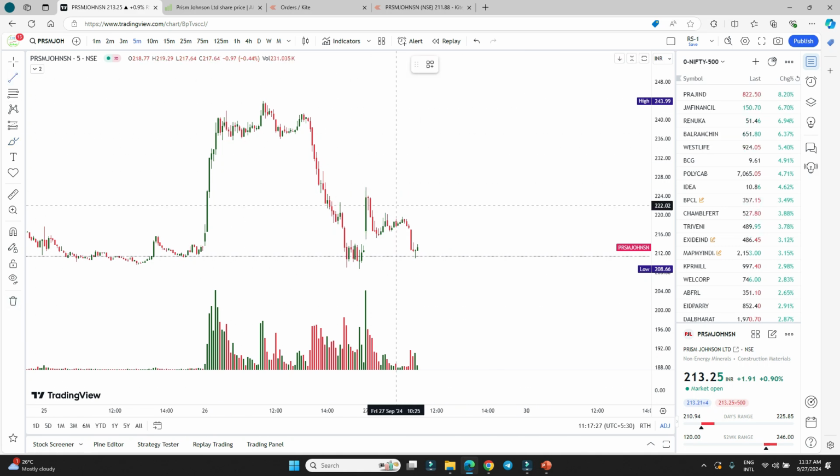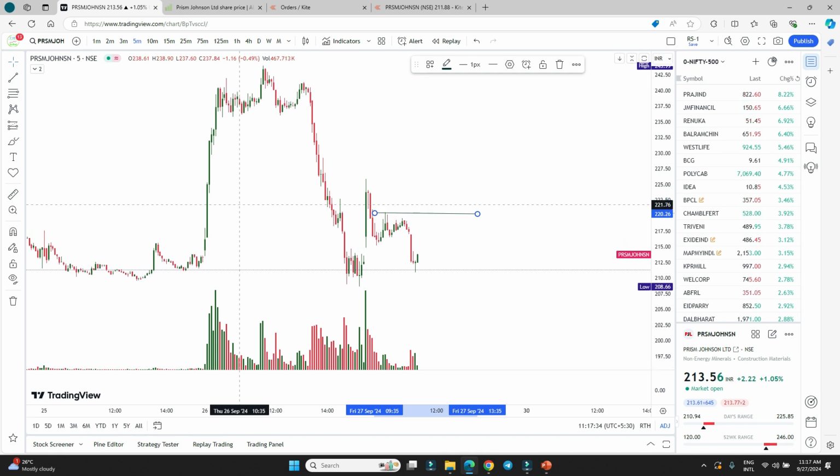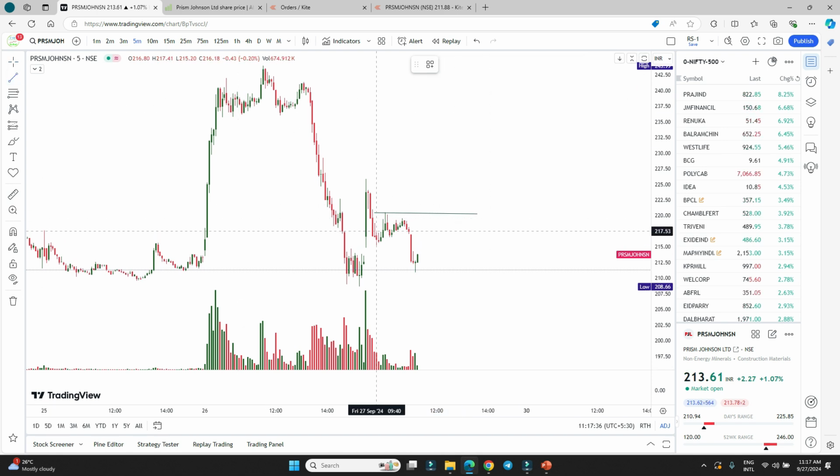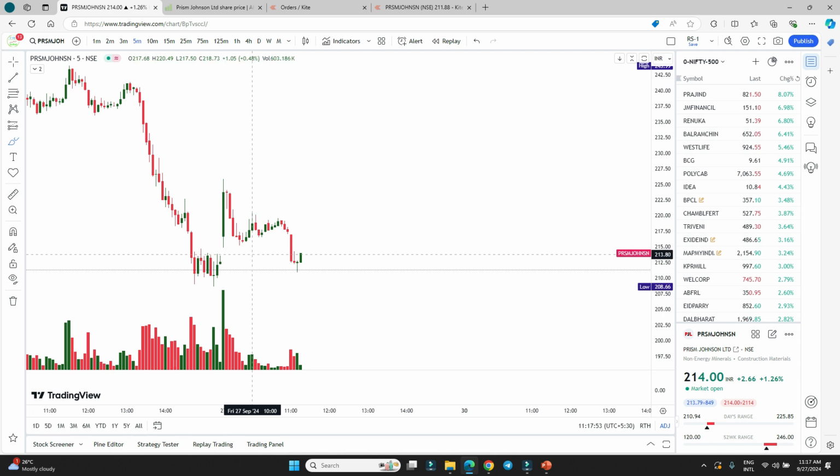After the 50% retracement, I wanted to take the trade when this green candle is engulfed by the red candle. This is what my entry is.